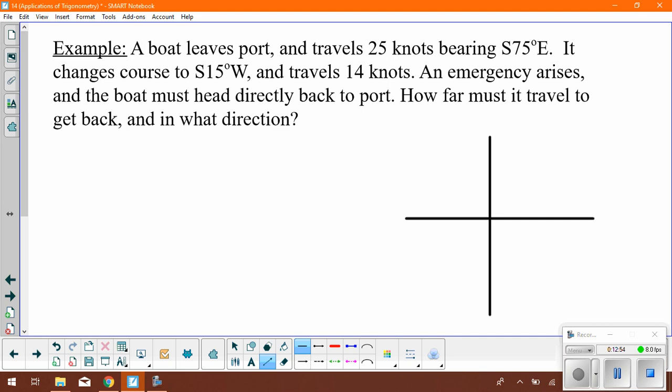Okay. So let's just plot out the different things that we see here. Initially goes south 75 degrees east. So 75 degrees east is quite a ways this way. That might be 75. And we're going 25 knots that way, so this side is 25. Changes course to south 15 west.